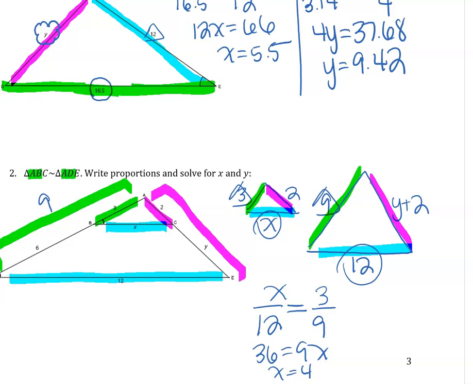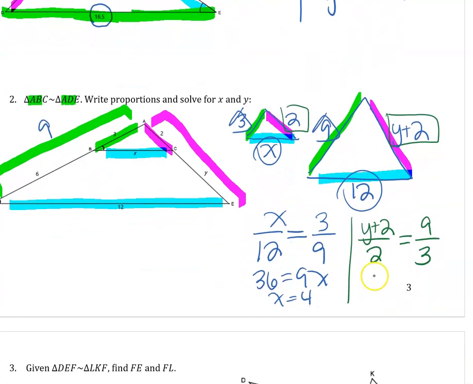Now, in order to solve for y, y plus 2 corresponds to 2. So I went big triangle to small triangle, as 9 corresponds to 3. When I cross multiply, I get 18 equals 3y plus 6. So that means 12 equals 3y.